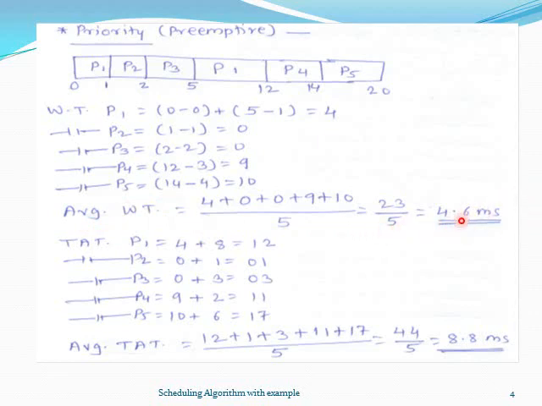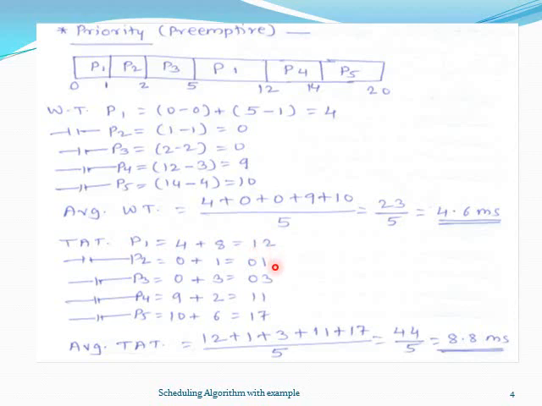as 4.6 milliseconds. After finding the waiting time, we can find the turnaround time of all these processes. As we already discussed, turnaround time is equal to waiting time plus burst time. For process P1, the waiting time is 4 and its burst time is 8, so the turnaround time of process P1 is 12.